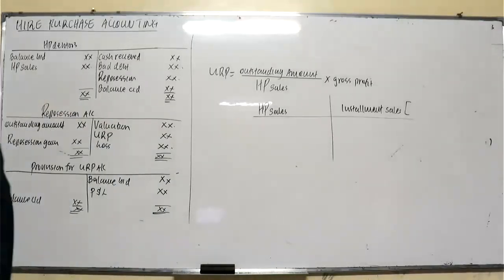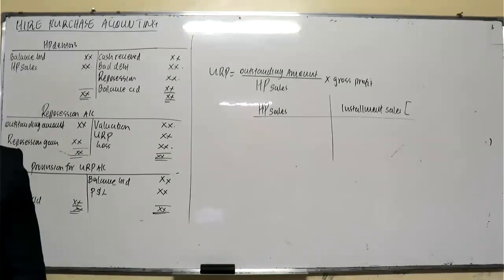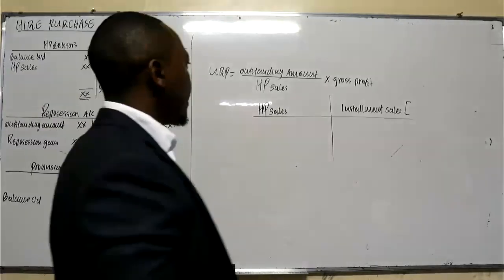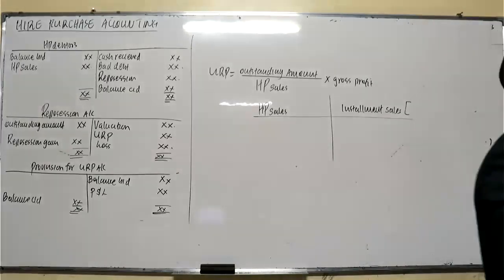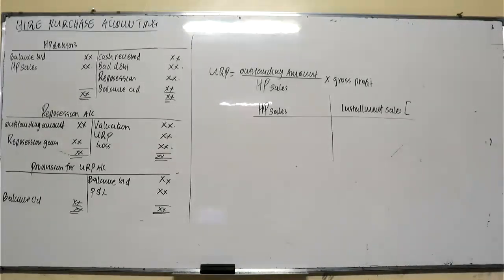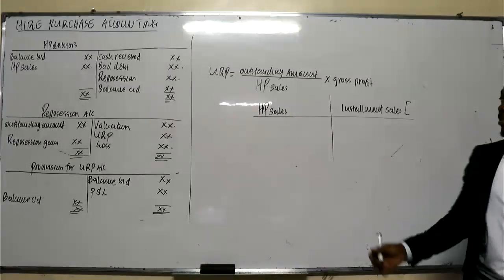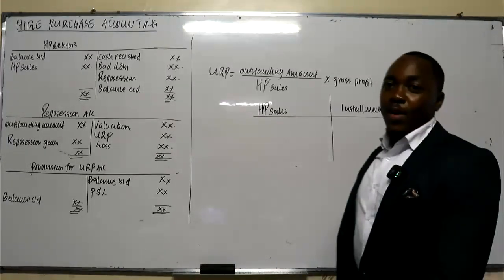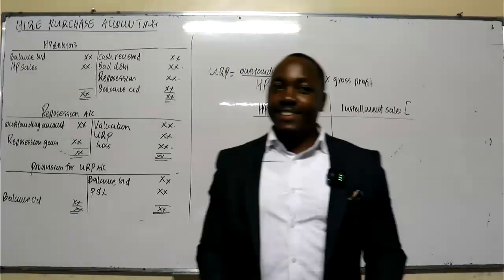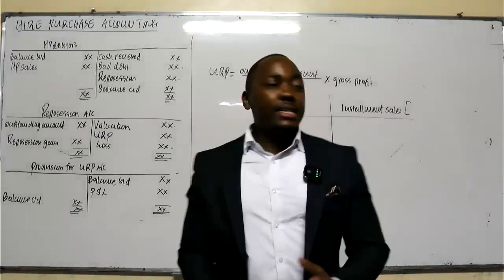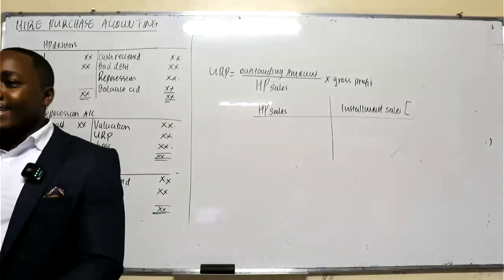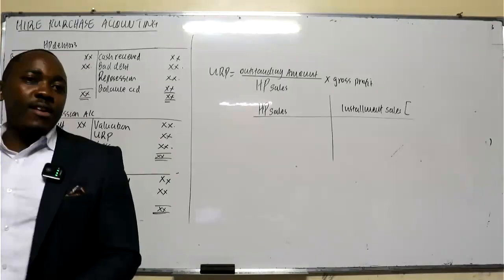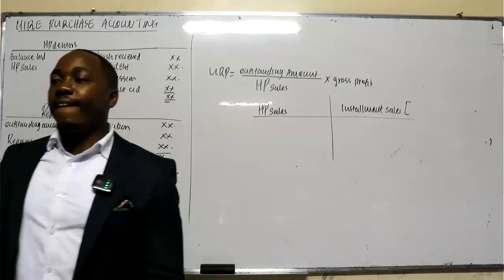So if there is default, you go for the asset because you have not transferred the ownership. On the other side, installment sales have no repossession. Why do you think that is the case? We said repossession is taking back. But under installment sales, who has the possession? So there is nothing you can repossess. You are the one with the asset.